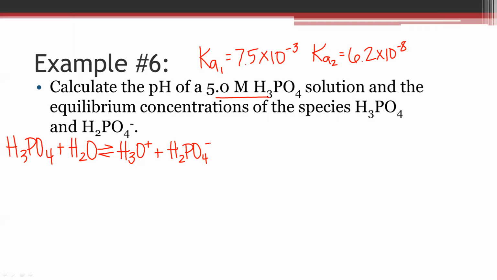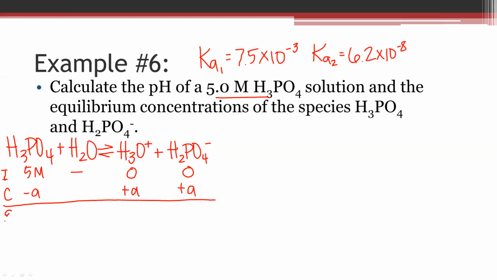Initially, we have 5 molar of our acid. Don't worry about the water. 0 hydronium, 0 conjugate base. Our changes are like what we've seen so far, and at equilibrium, 5 minus A, and A. Now let's solve for A, the hydronium, because we need the pH.